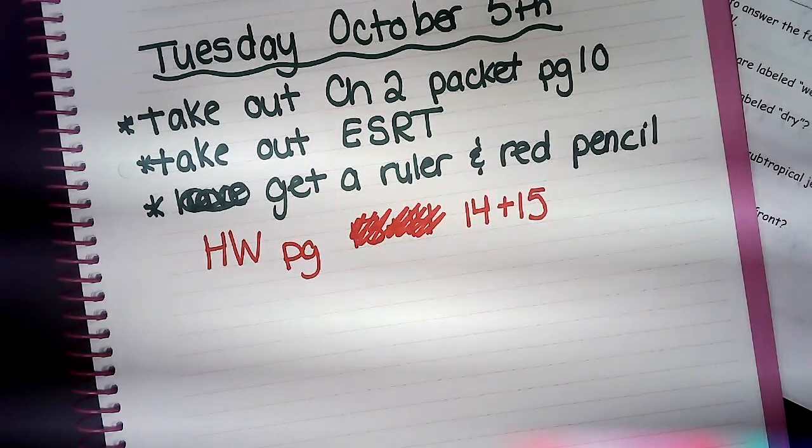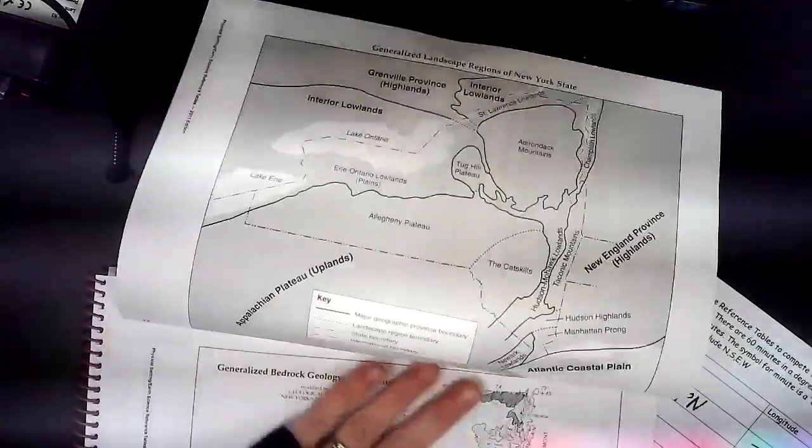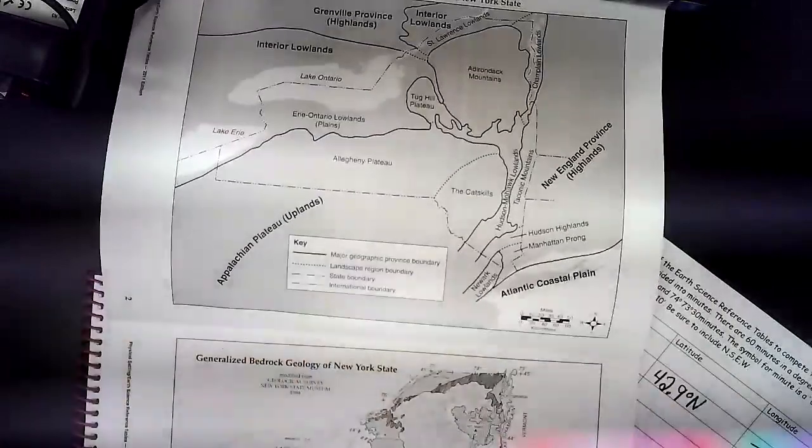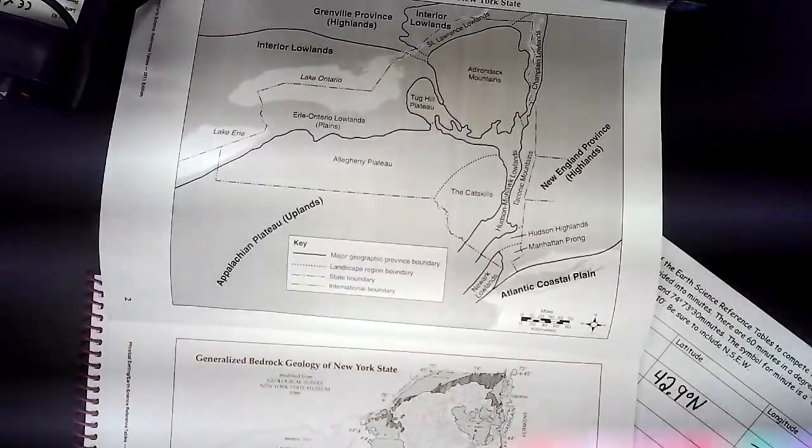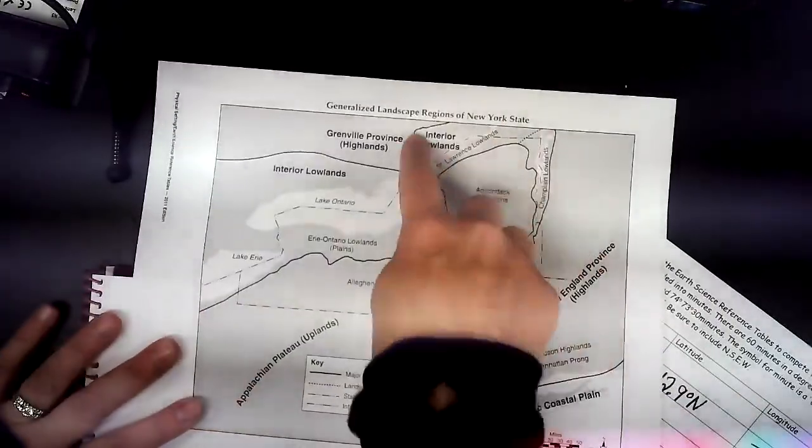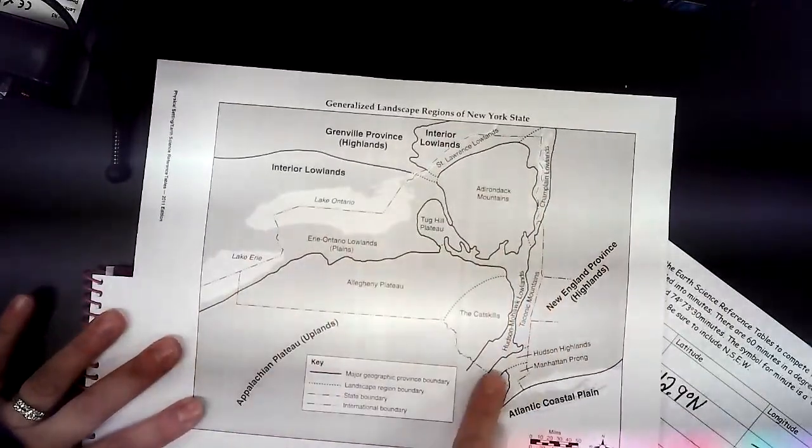All right, pages 2 and 3. I do want to look at them like this to begin with. So have them both open. When you have them both open like this, you see that we're basically looking at 2 maps of New York State. In fact, not only are they 2 maps of New York State, the background of each map is exactly the same. So you can see here, we do have New York State right there.